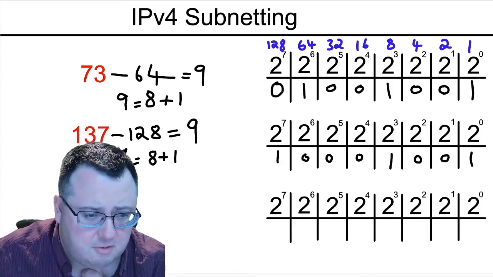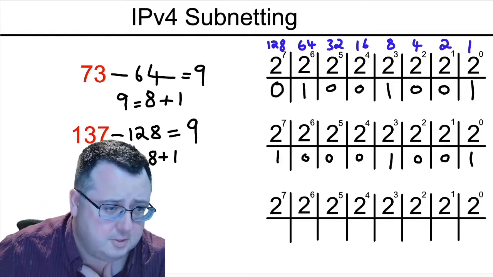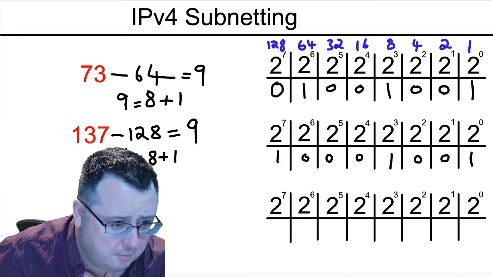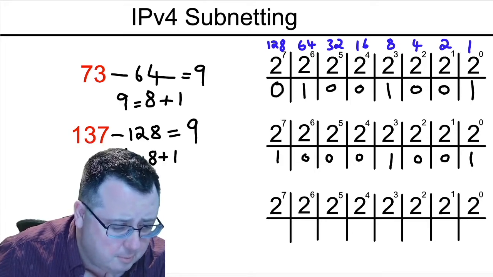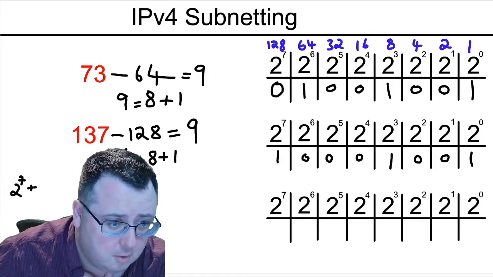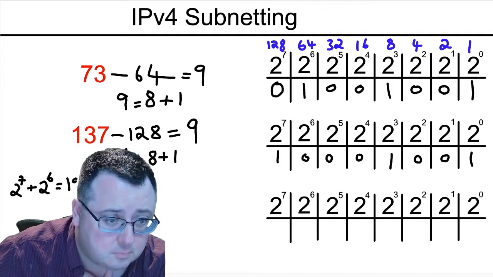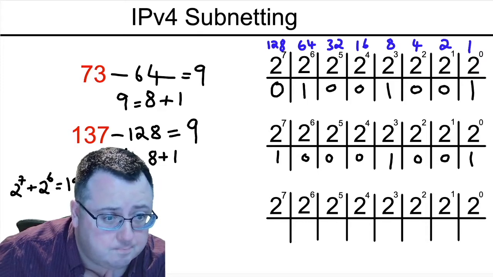Lastly, we've got 238. So this requires me to do a little bit of mental arithmetic and to know from the previous slide that 2 to the 6 plus 2 to the 7, do you remember, was equal to 192? Yeah?